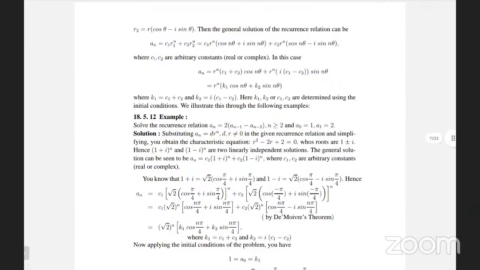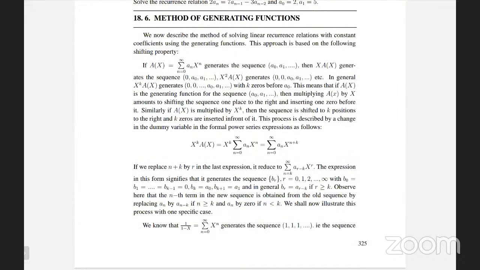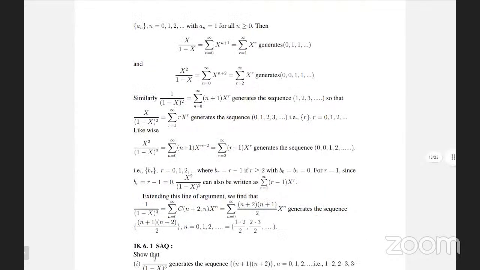Next, the method of generating functions, where terms will also be there on the right side. We can apply this as a procedure. This is also one kind of generating function procedure. Here we substitute a_n x^n as a summation, so the summation gives A(x), which is the solution.